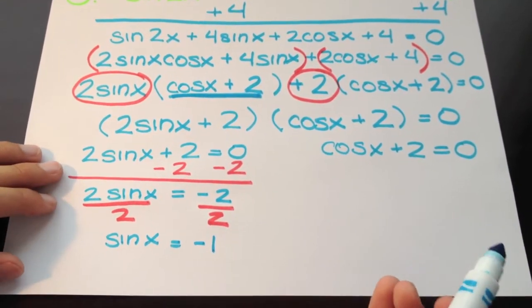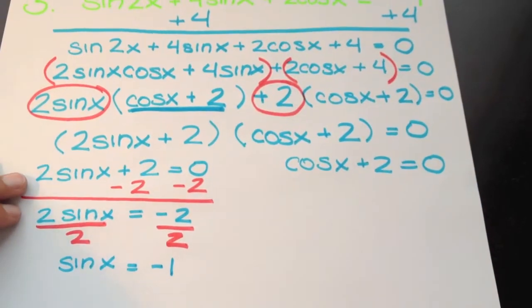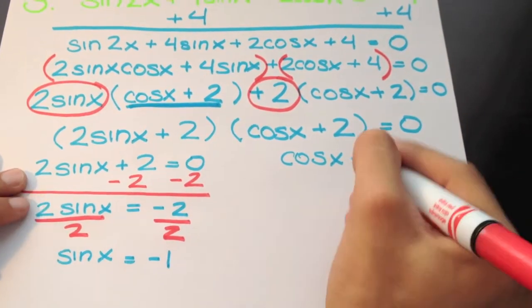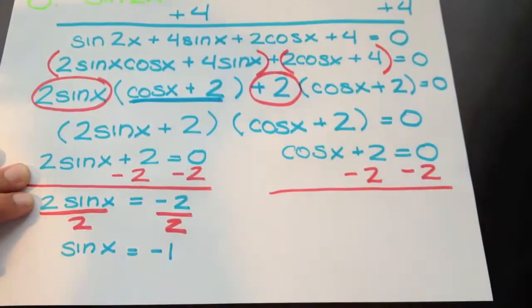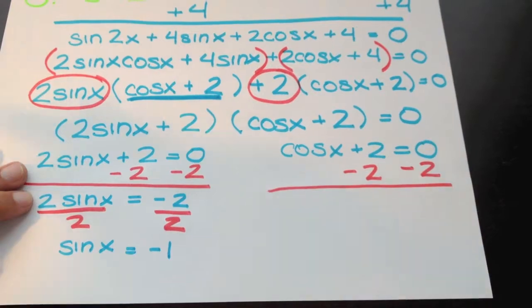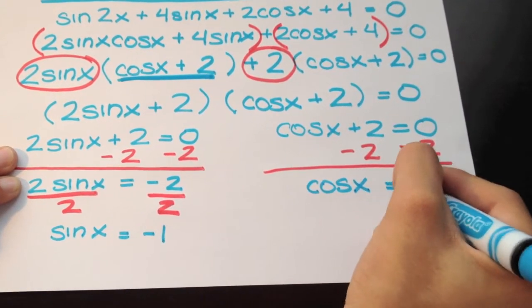On the equation on the right, we're going to subtract 2 from both sides. And that's going to give us cos of x equals -2.